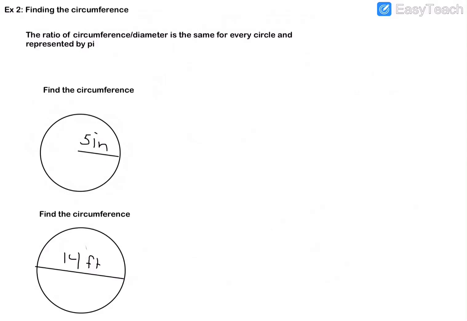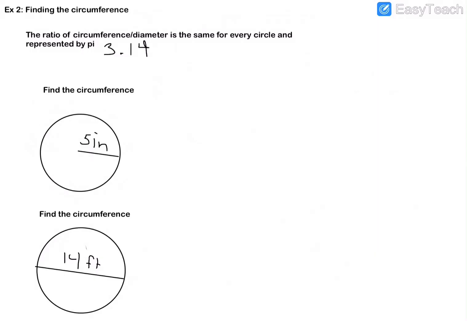And the ratio of circumference over diameter is the same for every circle, and that is represented by pi. And we all know that pi is 3.14. It actually goes on forever, but for the purpose of solving these problems, we are just going to use 3.14.